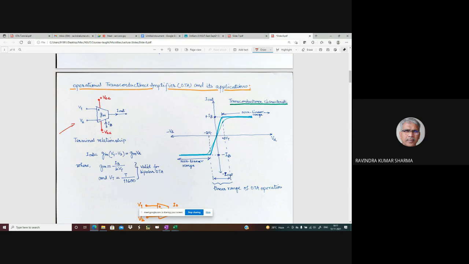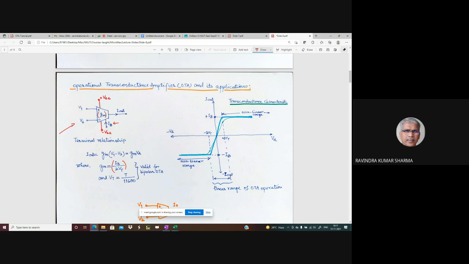It is biased with plus minus VCC supply, and there is also an additional bias current IB. The difference from an op amp is that in addition to plus minus VCC, a bias current also has to be given. That bias current determines the GM of this OTA. This GM is determined by the bias current IB, right?